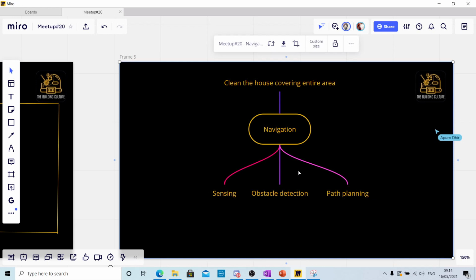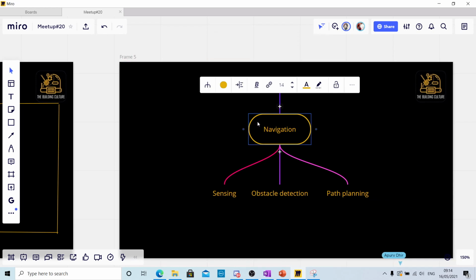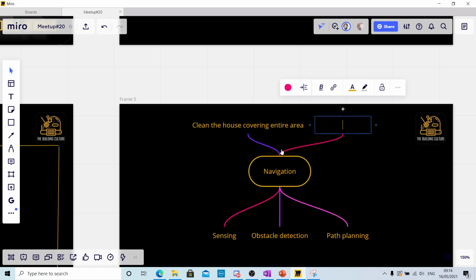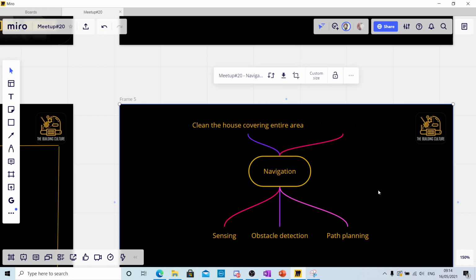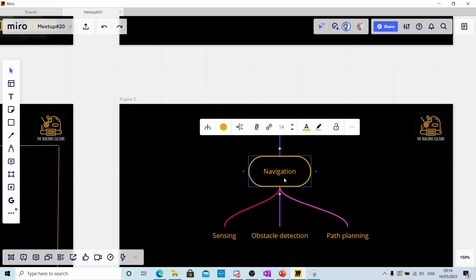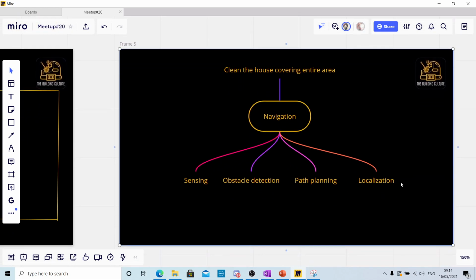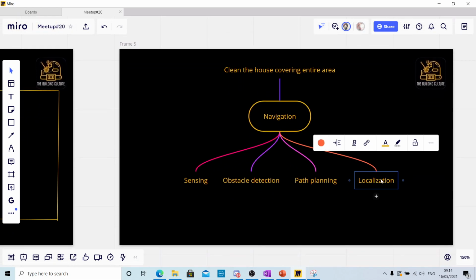And I think, actually, if we divide navigation into categories, then it would be just localization, and inside this localization we can have different things.